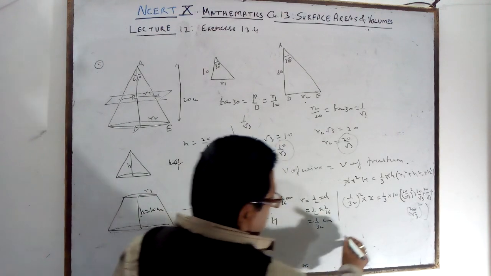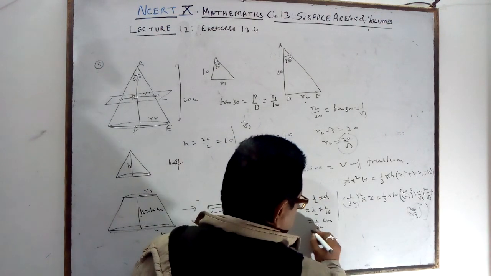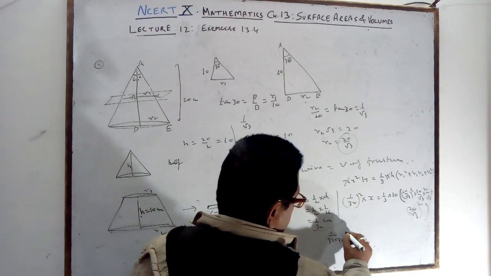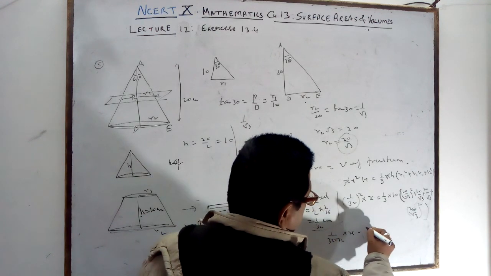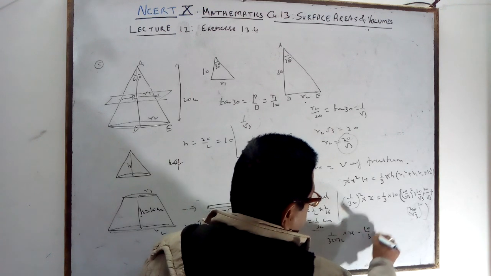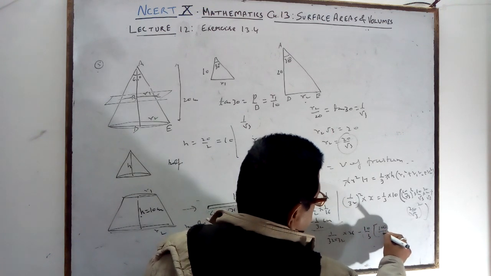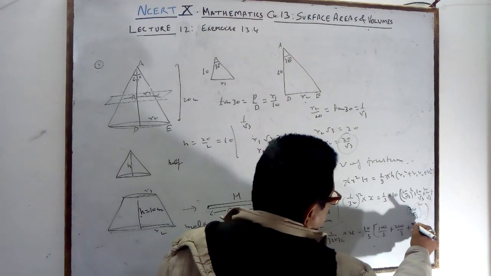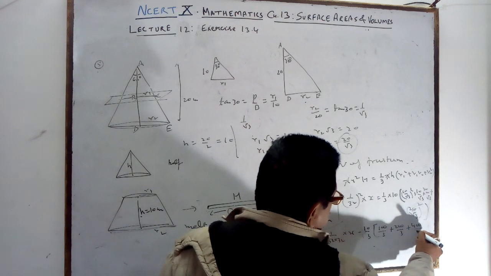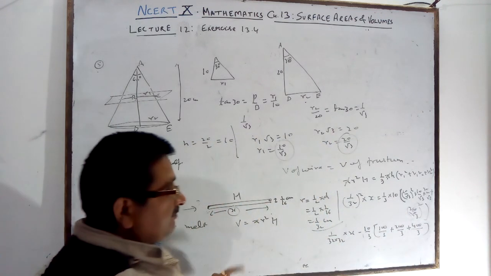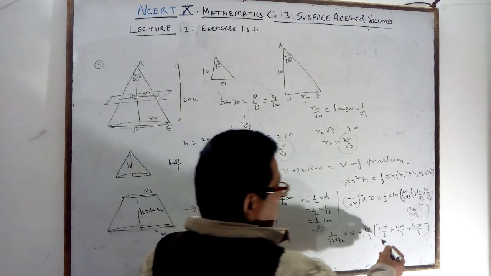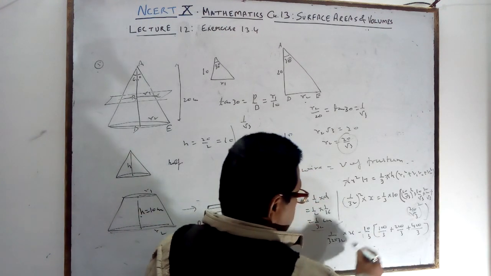Solving all, on the left side you will get 1 upon 32 into x is equal to 10 upon 3 in bracket 100 by 3 plus 200 by 3 plus 400 by 3, that is 700 by 3. Then you solve all. 3 is the LCM in the bracket. 32 will go to that side.